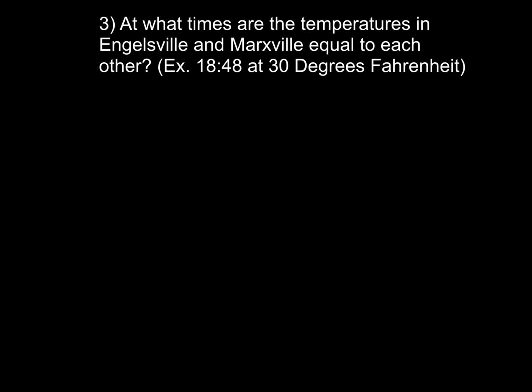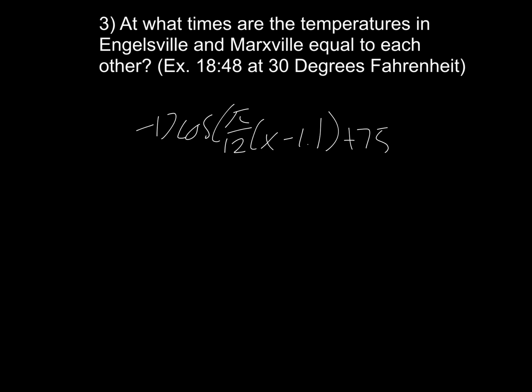Okay. So in our next problem, it wants us to find what times the temperatures in Anglesville and Marksville are equal to each other. Let's write out our equations first. The Anglesville equation is negative 17 cosine pi over 12 times x minus 1.1, plus 75.